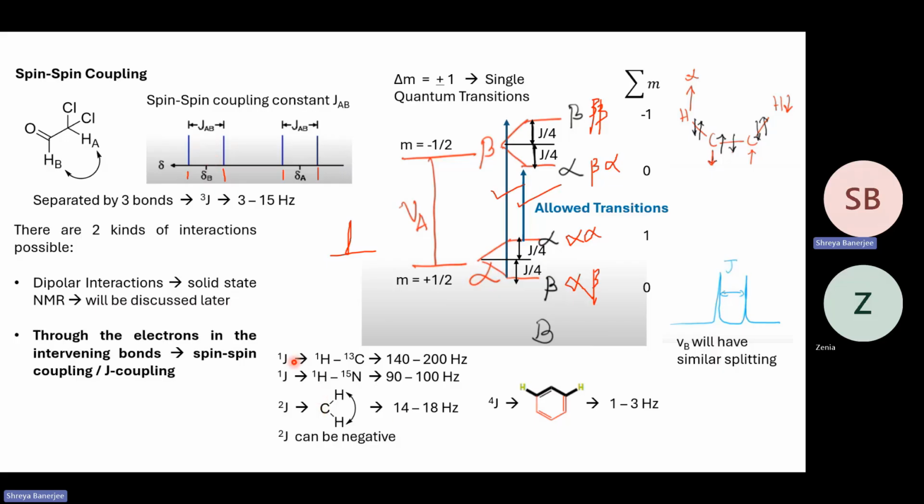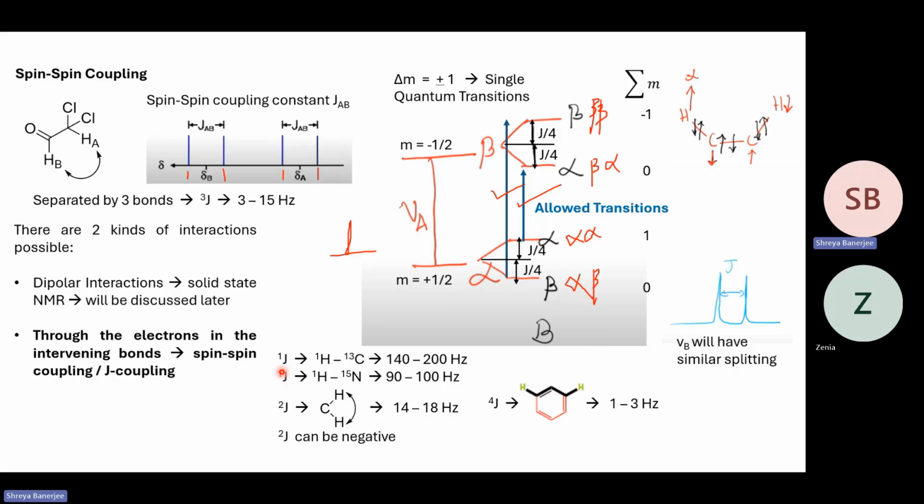Now, suppose this is a 3-bond coupling that we discussed, separated by 3 bonds. This can happen from 3 to 15 hertz. So this difference can be from 3 to 15 hertz. Now, if it is 2 bond, suppose 2 hydrogens connected to the same carbon, then it is in the range 14 to 18 hertz.